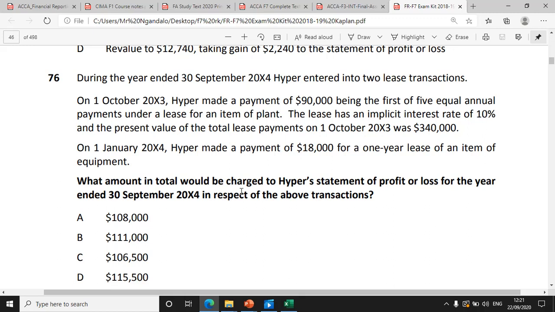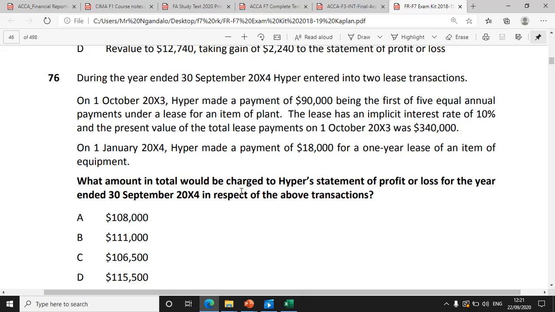On 1st January X4, H made a payment of 18,000 for a 1-year lease, which we treat as an exceptional item, an operating lease of equipment. What amount in total would be charged in the financial statements of H for the year ended 30th September X4 in respect of the above transactions?